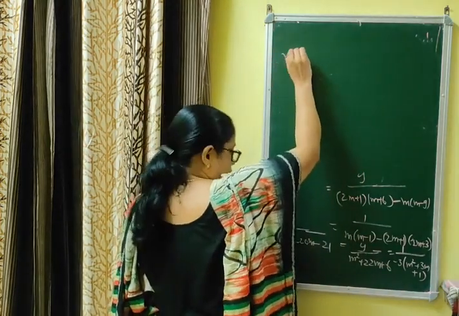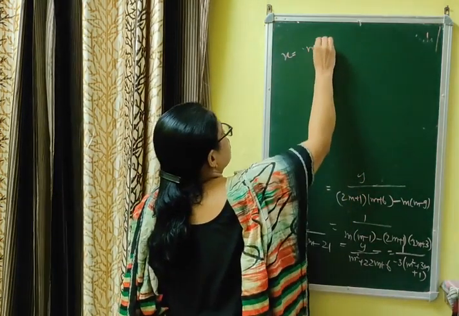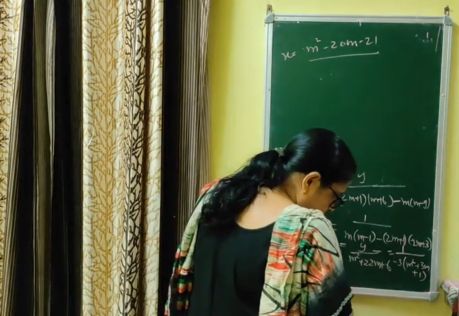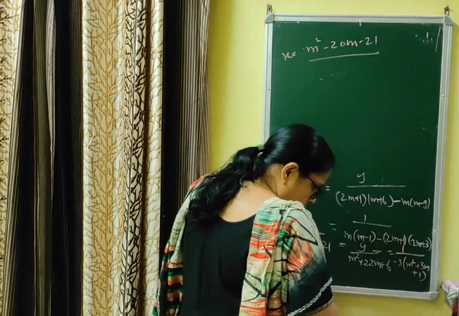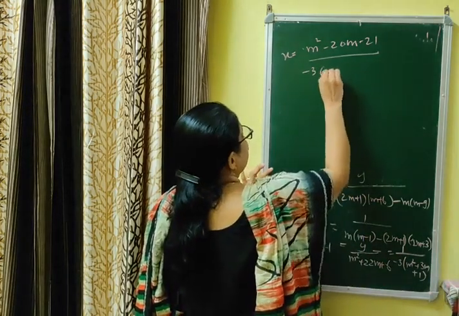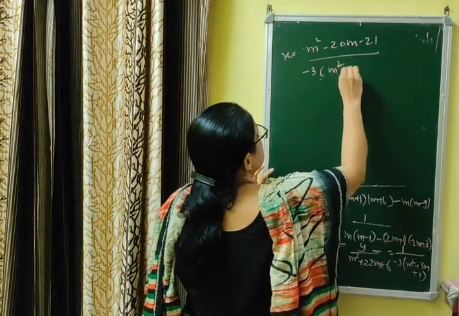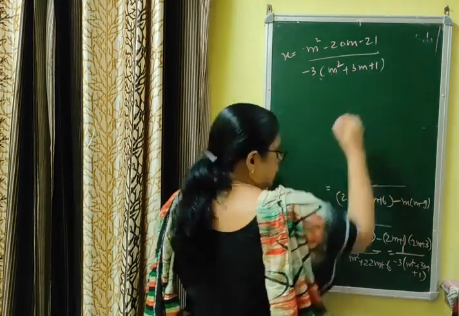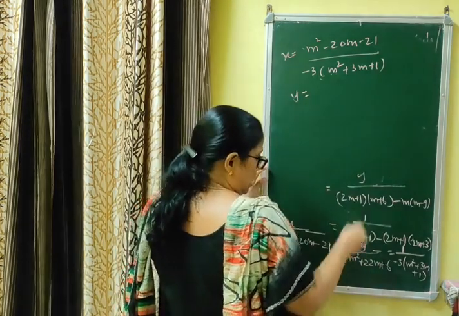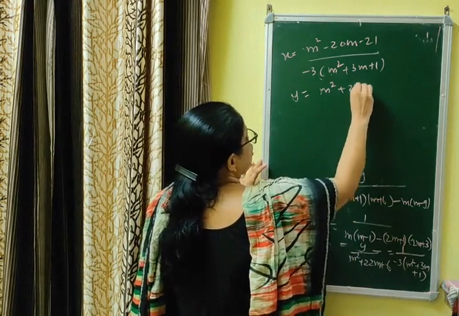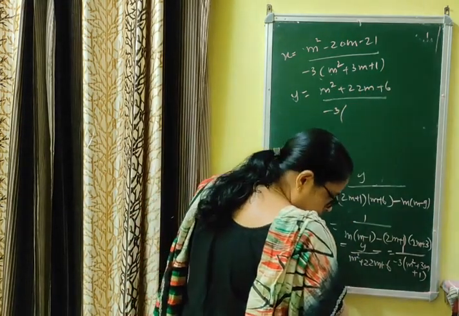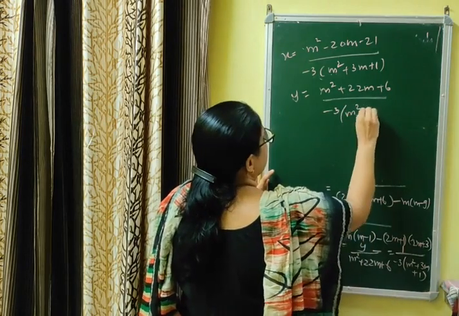By cross multiplication we get x equal to (m square minus 20m minus 21) upon minus 3 into (m square plus 3m plus 1). That is the x coordinate. No need of finding the y coordinate. Then also I am writing y is equal to (m square plus 22m plus 6) upon minus 3 into (m square plus 3m plus 1).